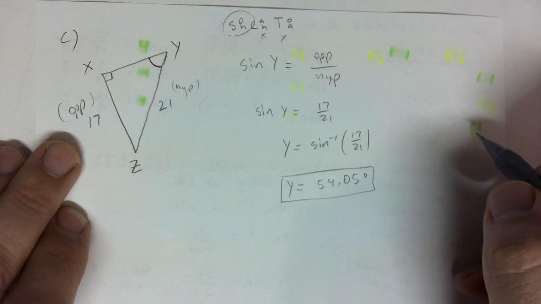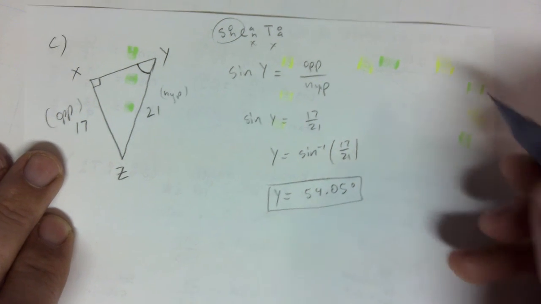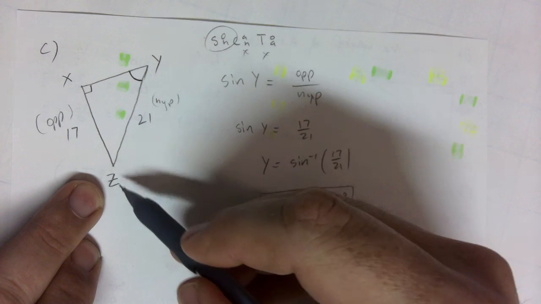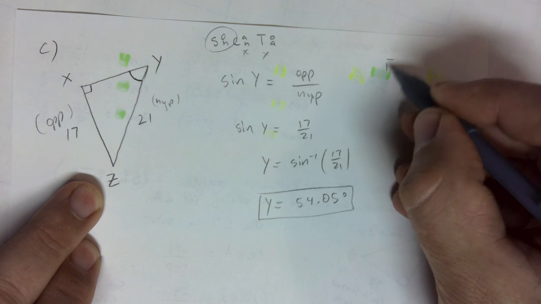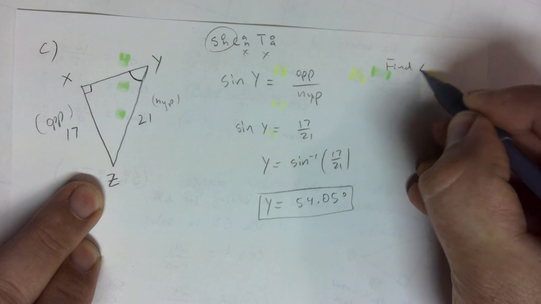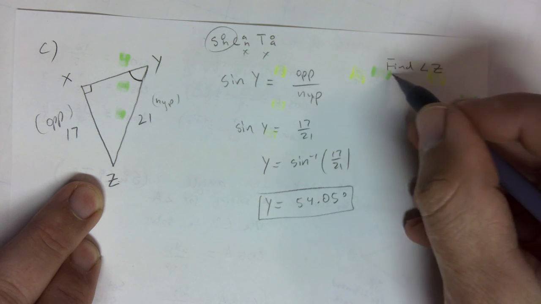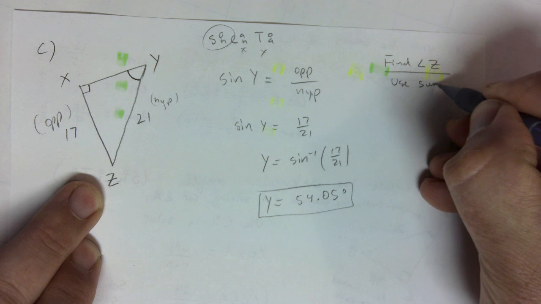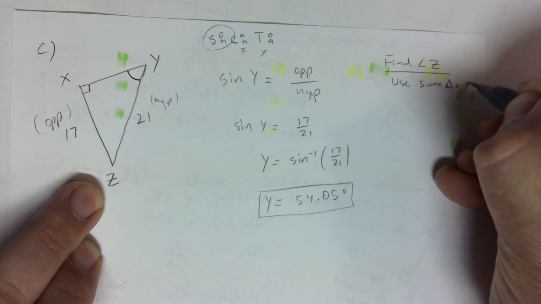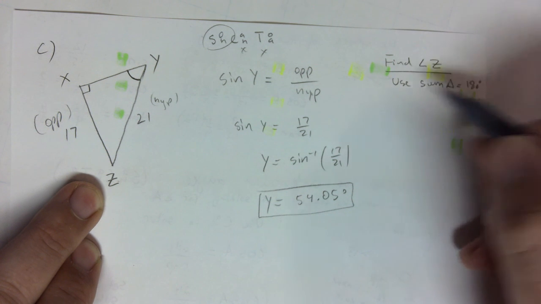Bingo. Hold on. Before you go, could you find angle Z? Find angle Z. Easy way. Use the sum of the angles in a triangle is equal to 180. Okay?